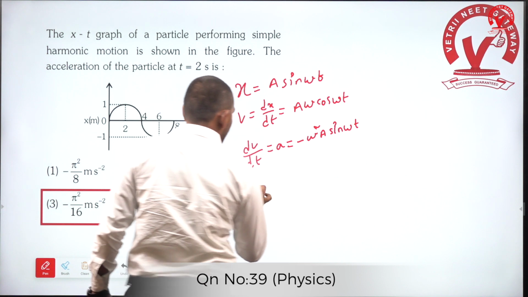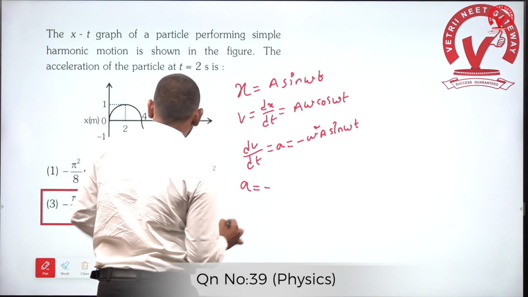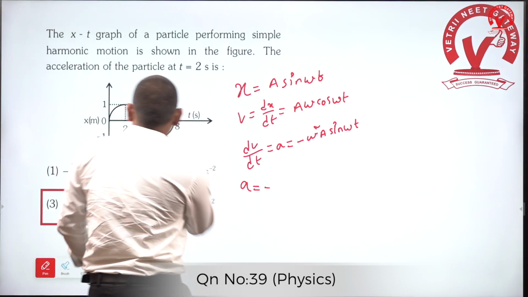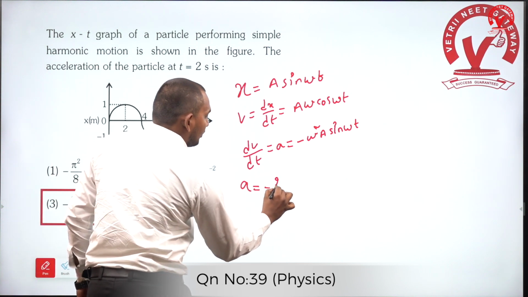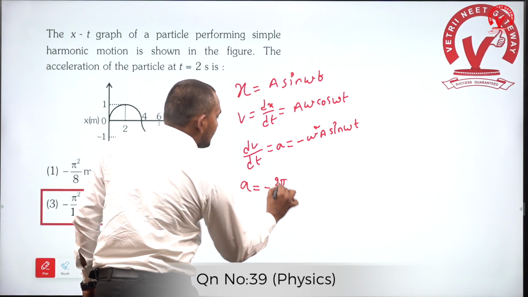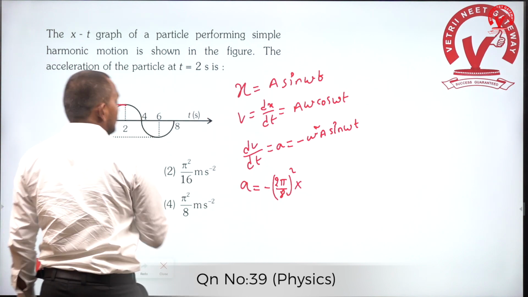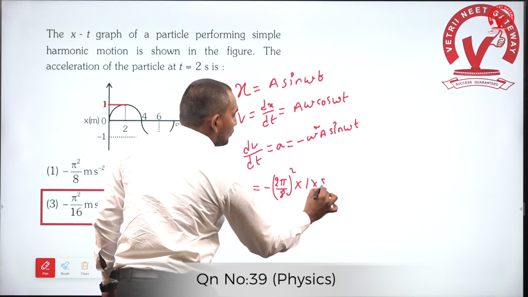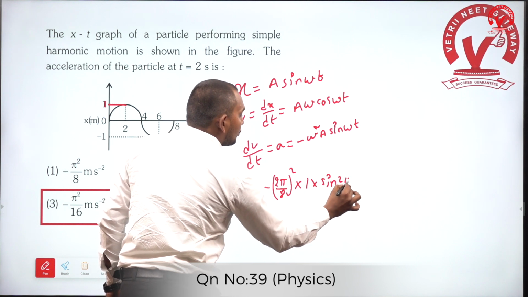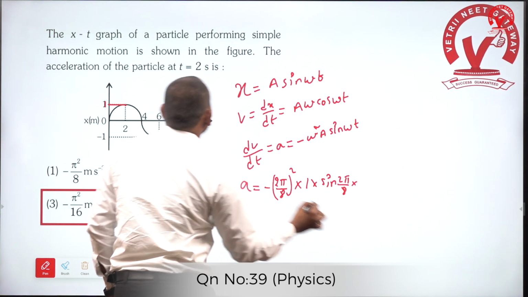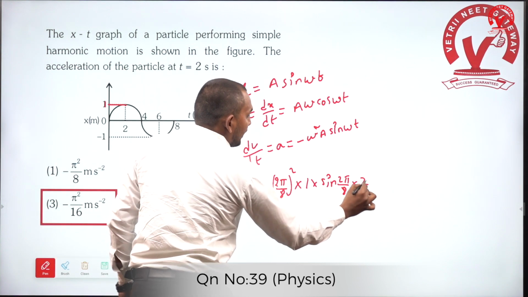Substitute: acceleration is equal to minus omega, here 2 pi divided by 8, whole square, into a, the amplitude, how much, 1, into sin of 2 pi by 8 into the time they gave, 2 seconds.